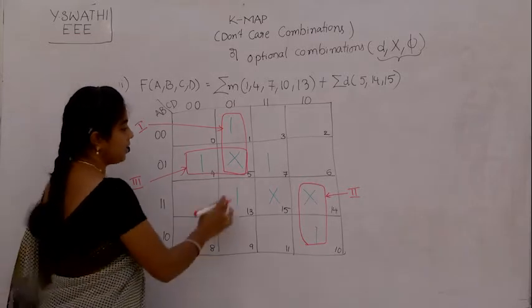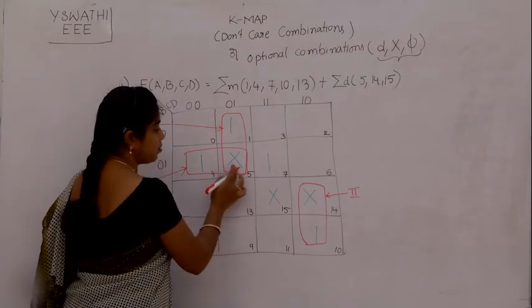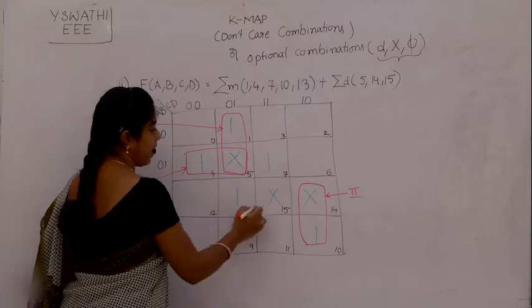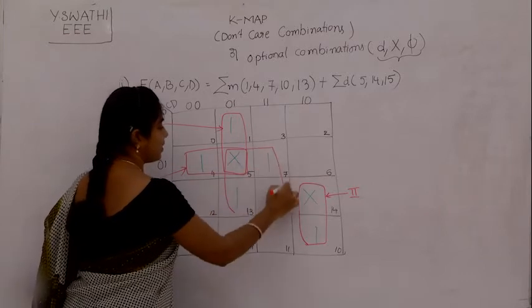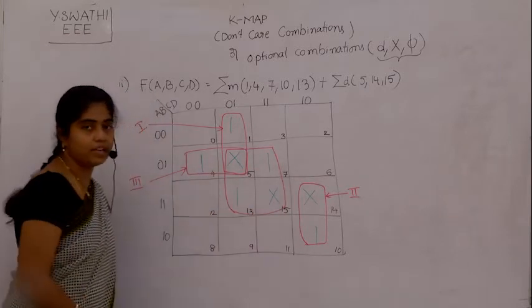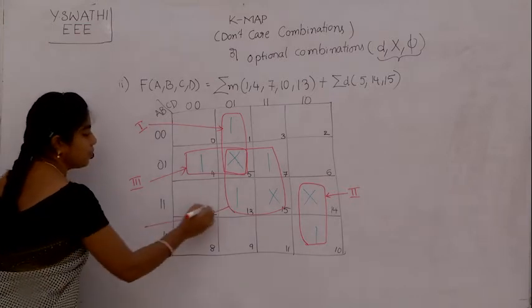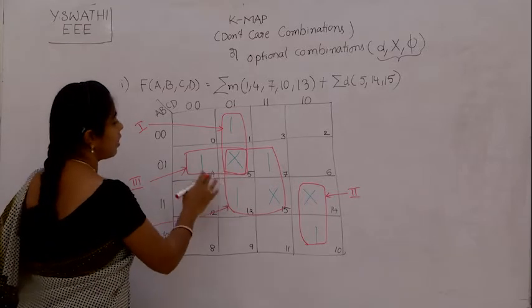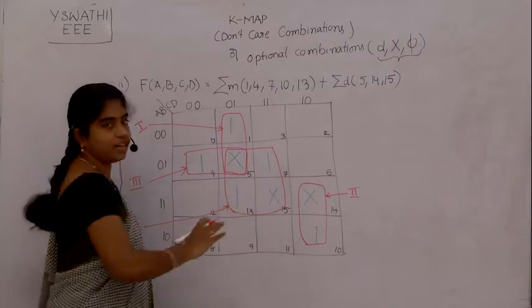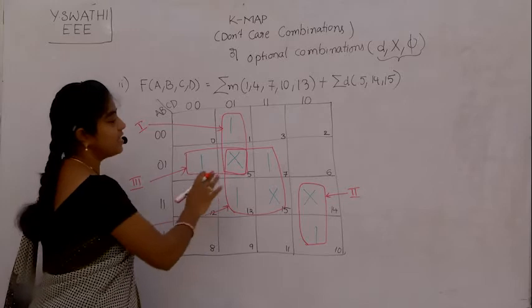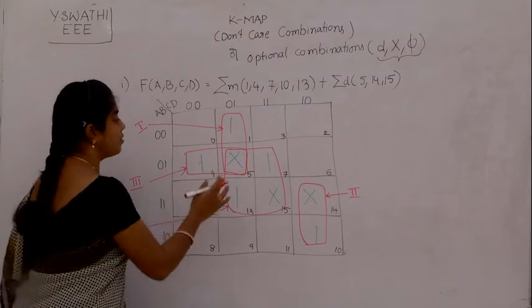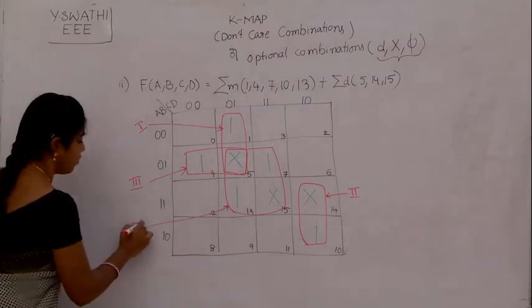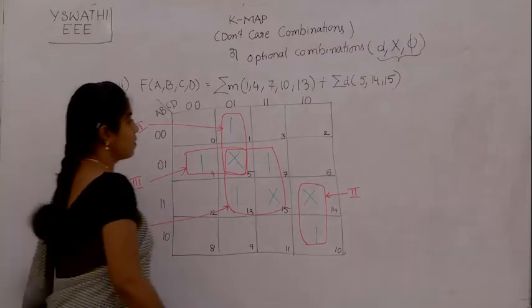And again, by taking these two cells as 1, I can form a quad here. So in this expression, I took all the don't care conditions as 1, because it helps in reducing the form. So this is my 4th implicant.